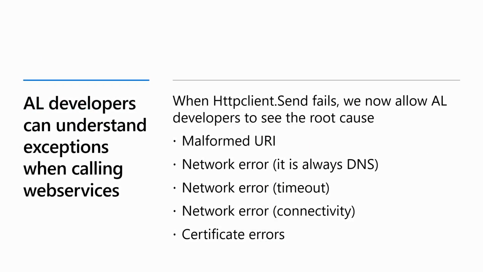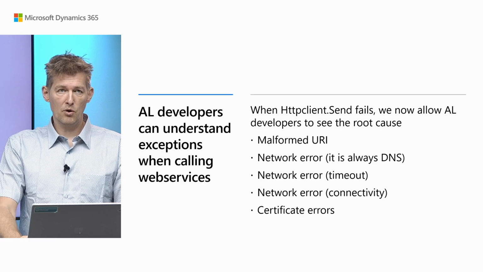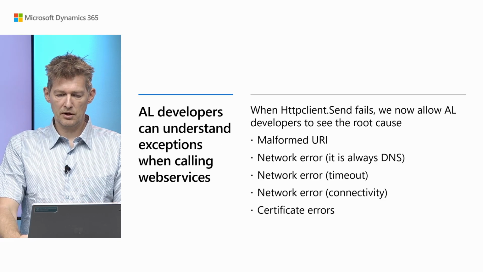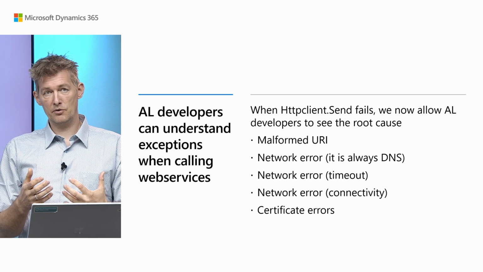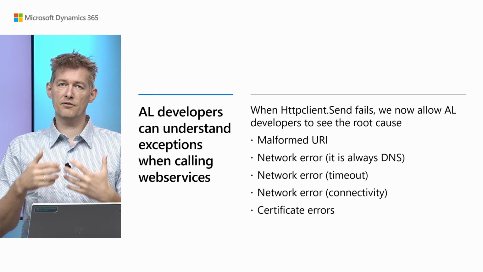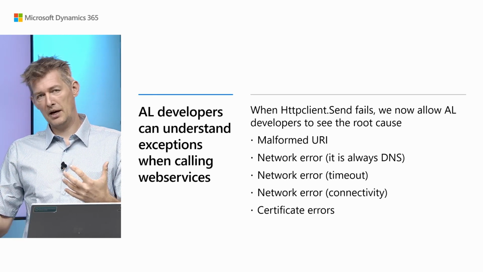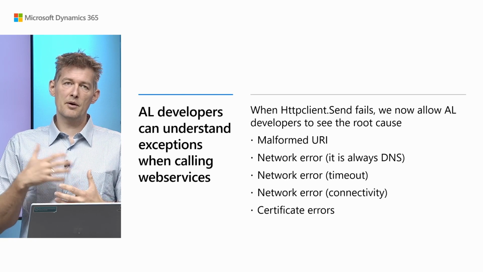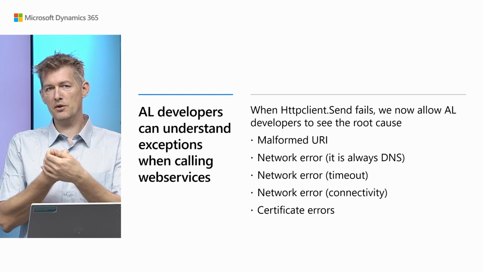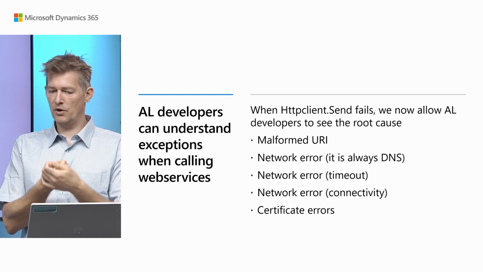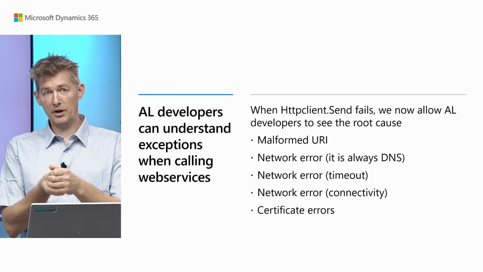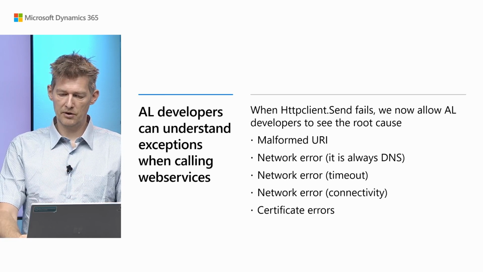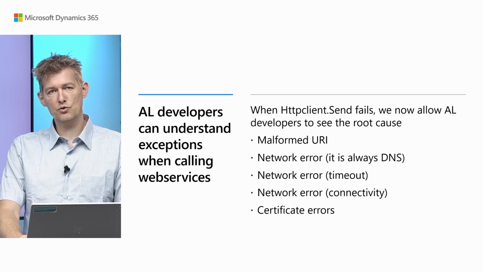We also made it possible, when you call out, in case HTTP client send fails even before passing a return code. There are different ways it can do that. Maybe you didn't write the correct URL, or maybe you have a network error, or maybe you have a certificate error. So we made that easier for you to troubleshoot.